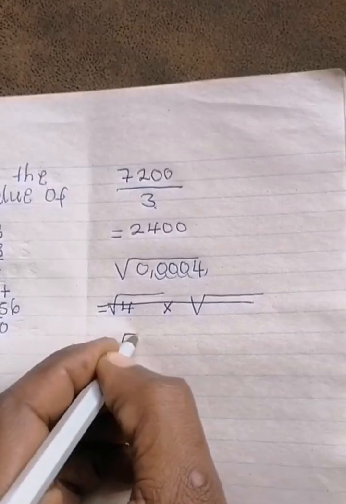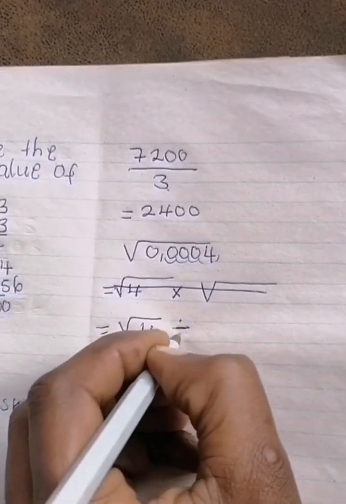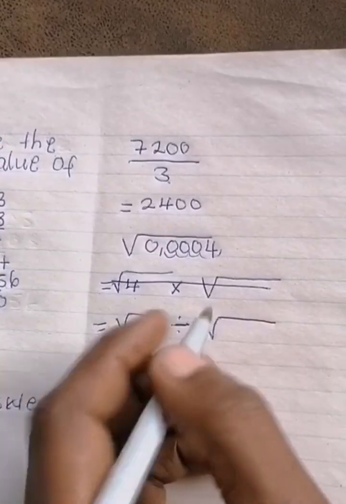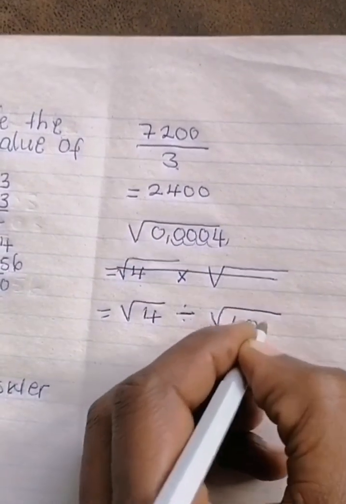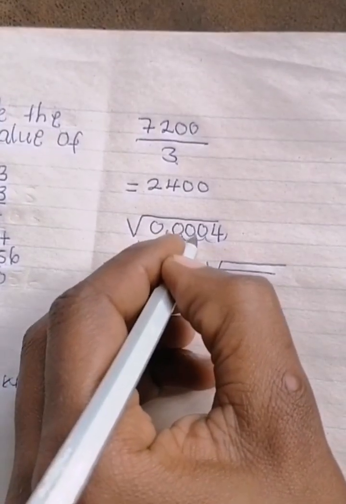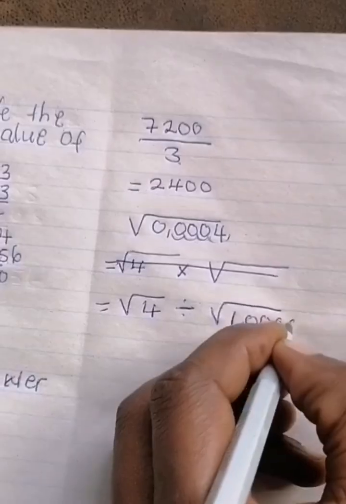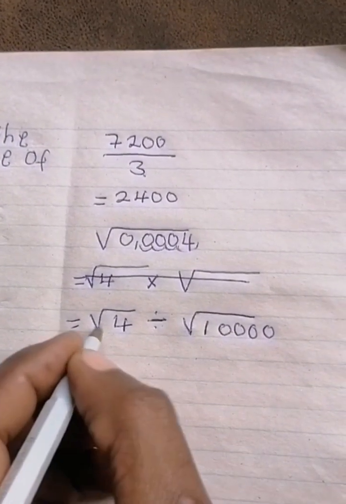The 0 before the comma will be represented by 1, and after the comma we have 1, 2, 3, 4, so it will be represented by 4 zeros.